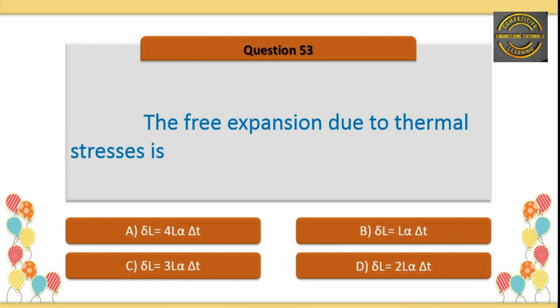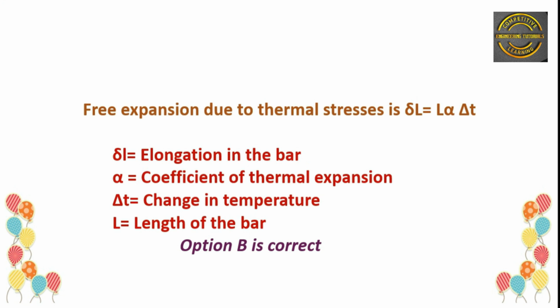Question number 53. The free expansion due to thermal stresses is option B is correct. Delta L equal to L alpha into delta T. Here this one is the explanation.